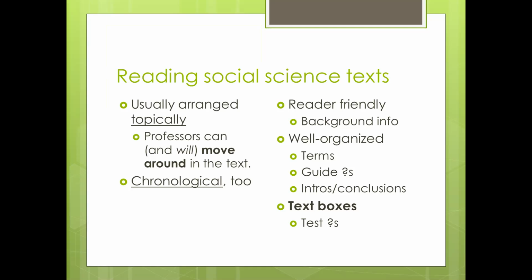The authors of our text in particular stress the importance of text boxes because they often contain test questions that end up in social science courses. So be conscientious when and if you run across text boxes in your social science courses.